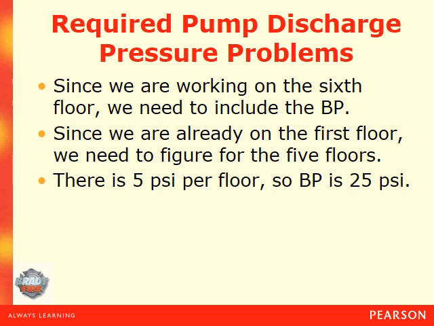Since we are already on the 1st floor, we only need to figure for the first 5 floors. There are 5 pounds per square inch per floor. Essentially, we're saying it's 10 feet per floor for round numbers. So that gives us 5 psi per floor. So we are 5 floors up, so the back pressure now is 25 psi.